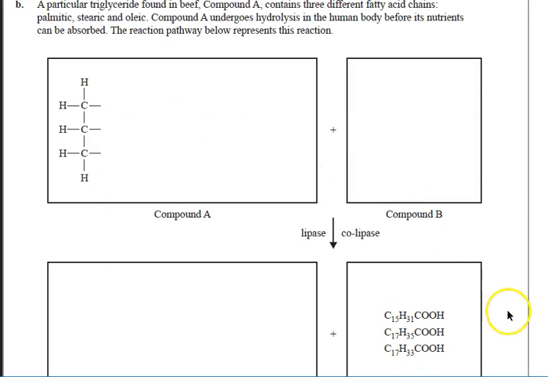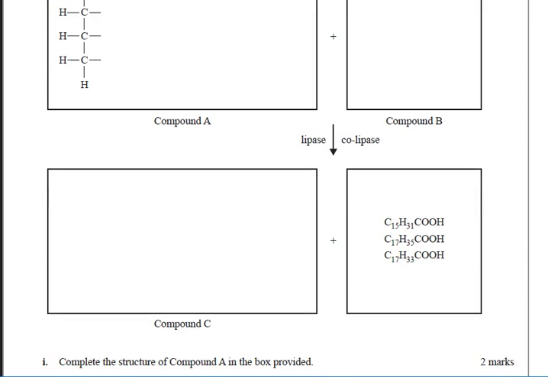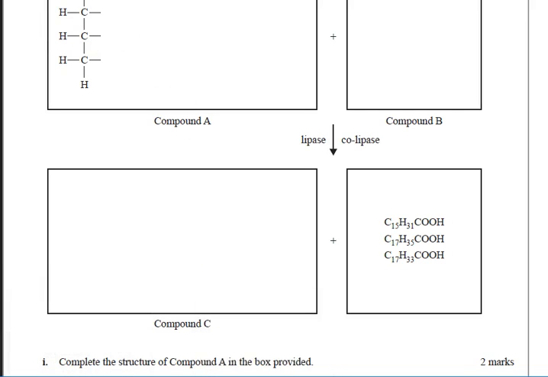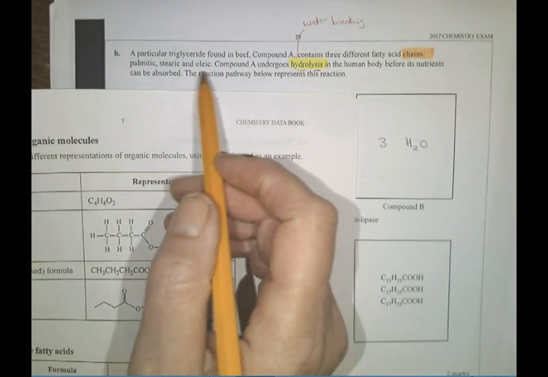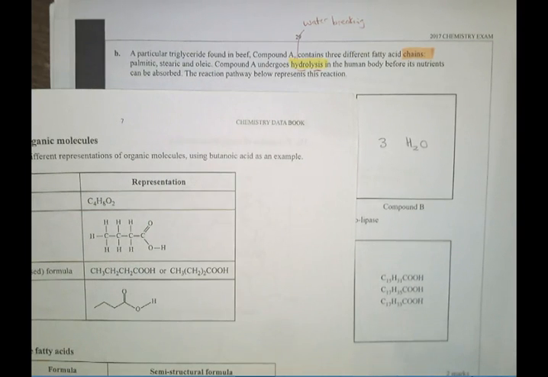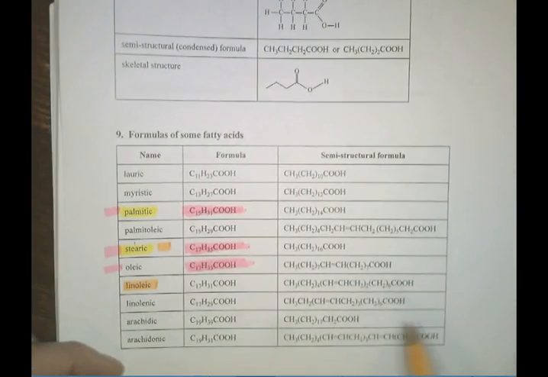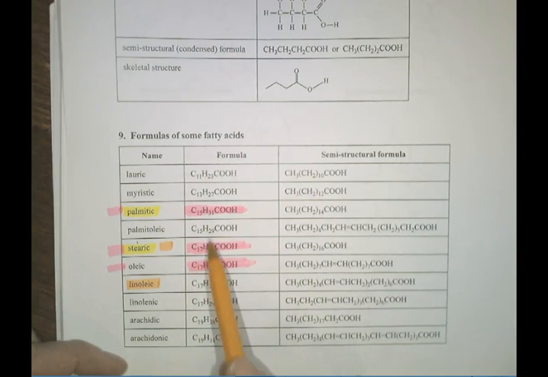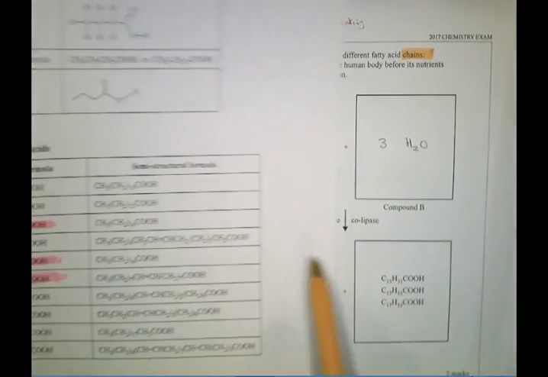So the first question says, complete the structure of compound A in the box provided. This seems to be a little bit tricky. You've got palmitic, stearic, and oleic fatty acids. When you look in your data book, the palmitic, stearic, and oleic fatty acids, the pink ones, they're these ones, which is what's written on here.